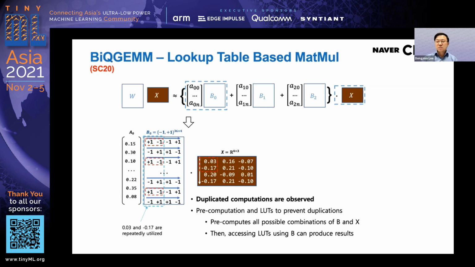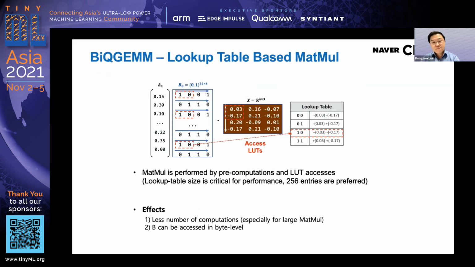Then, because possible computations using activations are quite limited, we can pre-compute all possible computations and store them in a lookup table. So the first step is to build a lookup table whose size is determined by how many bits of a binary matrix you use as an index.